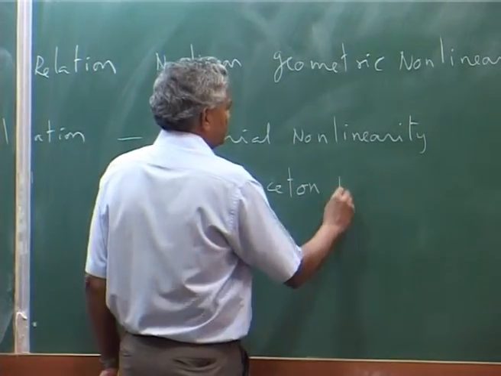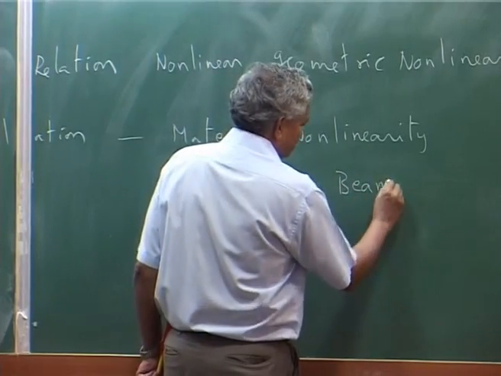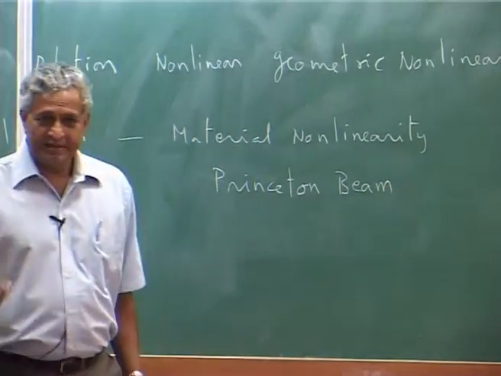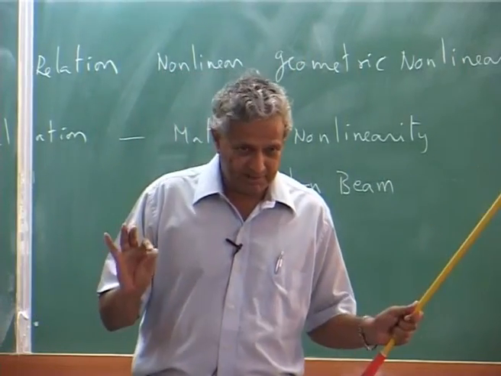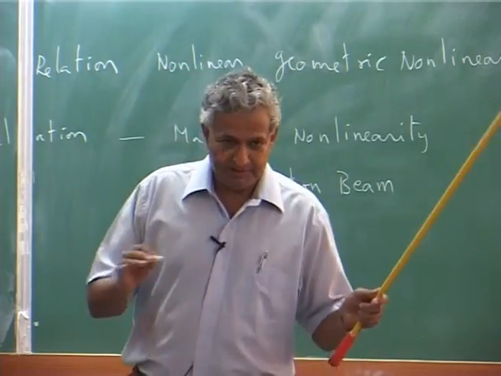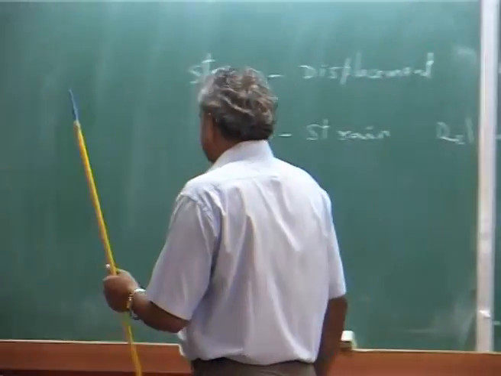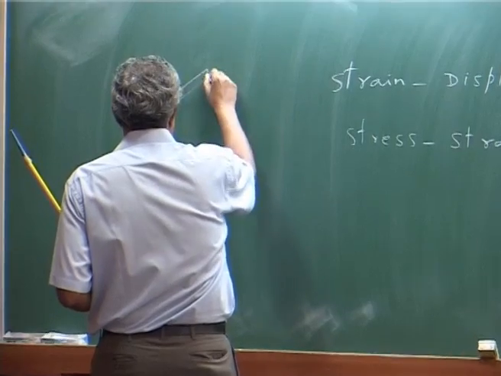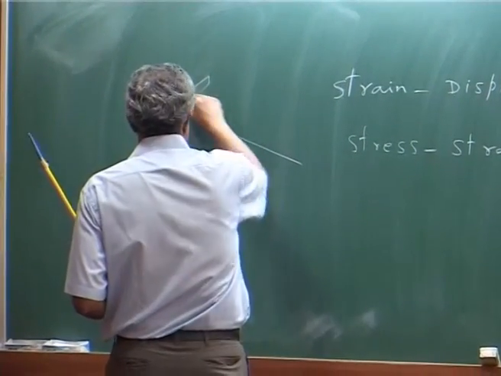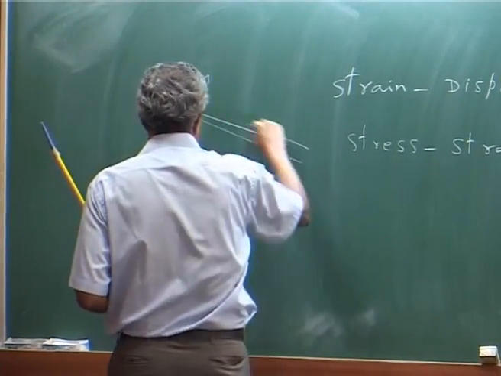Very simple experiment. You can look at the web page, you will see. The experiment is you take a beam, it is not a twisted beam or anything like that, a straight beam. We all know that beam bending means you take it like this.